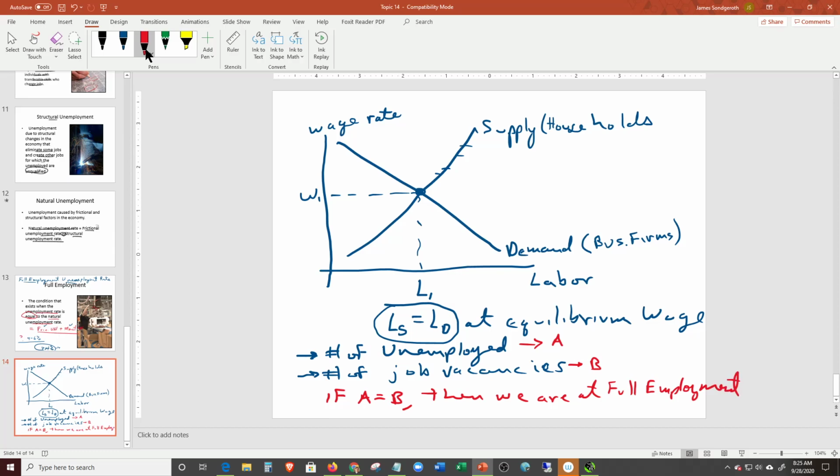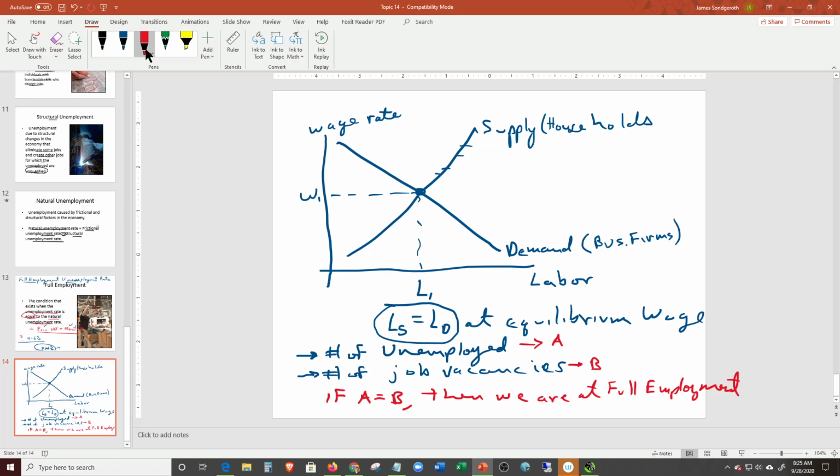All right, and the idea is maybe the job vacancies are in one part of the country, the unemployed are in another part, structural unemployment, or maybe the people who are unemployed don't have the skills for the job vacancies open, and so that's also structural unemployment.